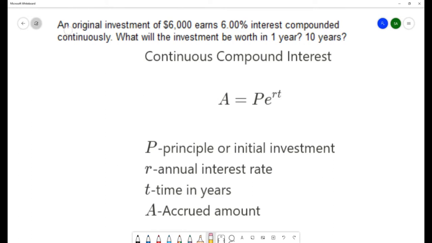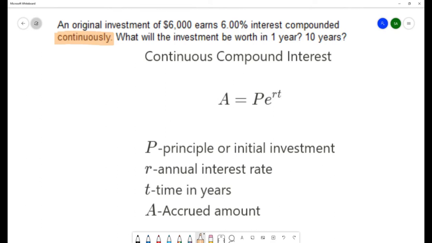An original investment of $6,000 earns 6% interest compounded continuously. What will the investment be worth in 1 year and then in 10 years? I want to point out a key word for you here, that the interest is compounded continuously.